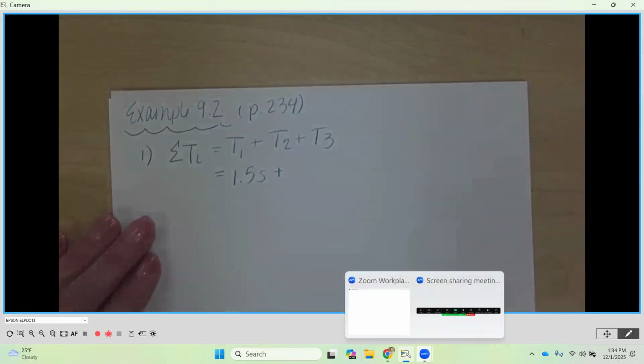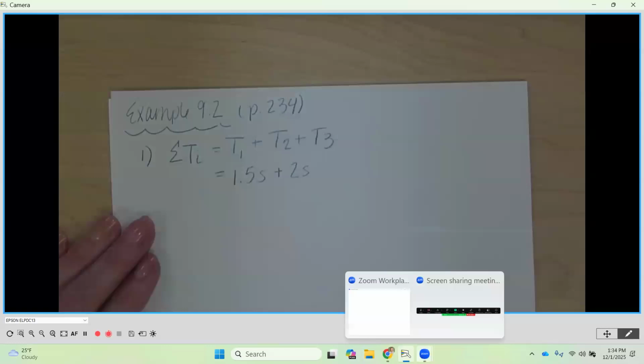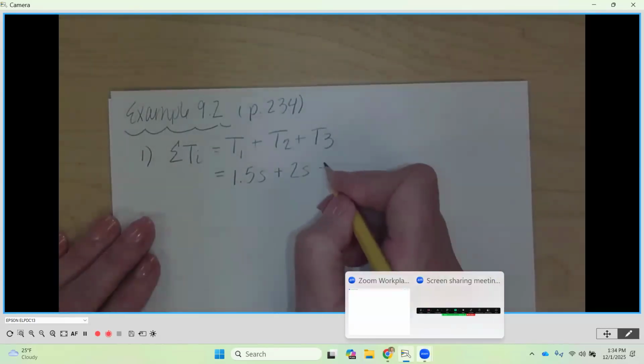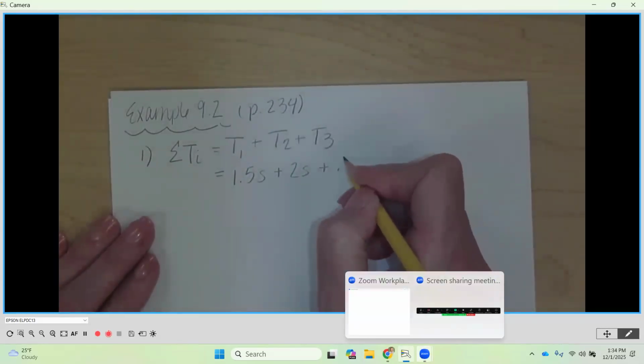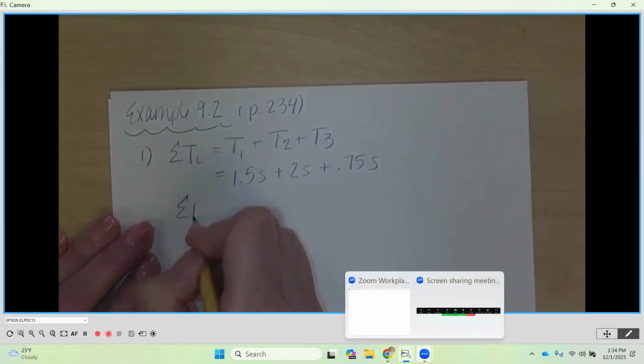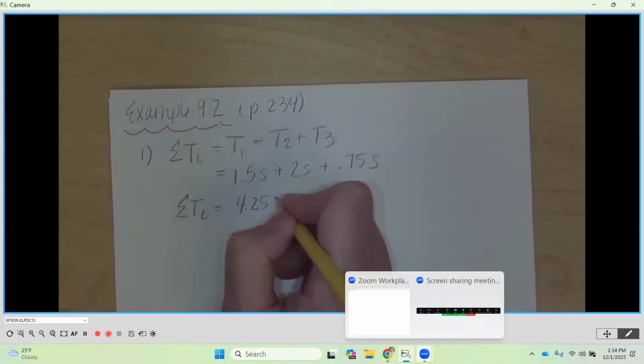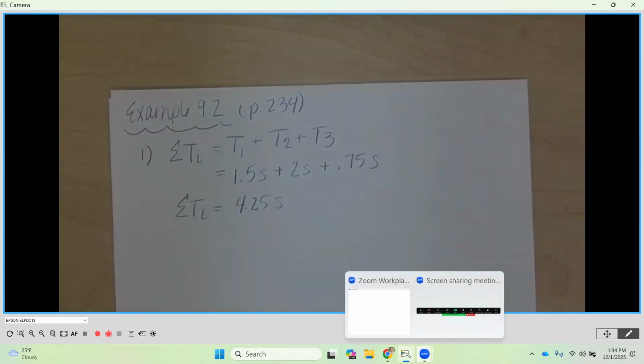T2 is we're going to go back down 50 millimeters, taking 2 seconds to do that. And T3 is a dwell of 0.75 seconds before it starts over again. So our total time should be about 4.25 seconds. You guys get that same number?